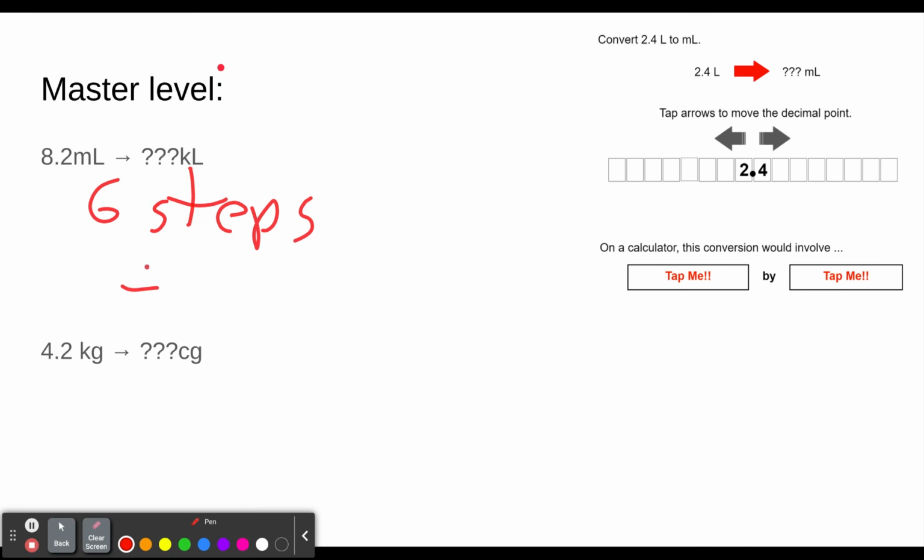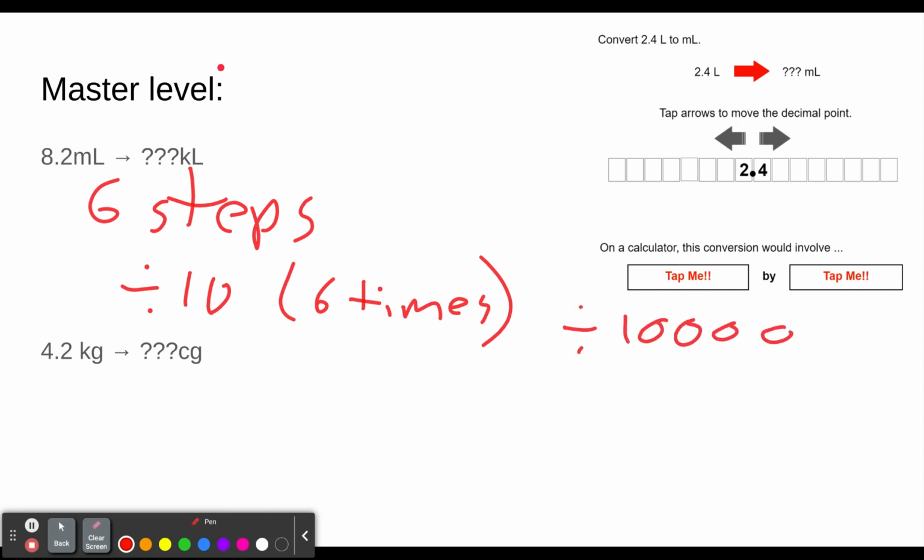Or you could say divided by 10 6 times. Okay, so we're going to get a smaller number. So divided by 10 6 times is like dividing by this with 6 zeros. Okay, because we went 6 steps on our little chart. And so divided by 1,000,000 would go right here and here.